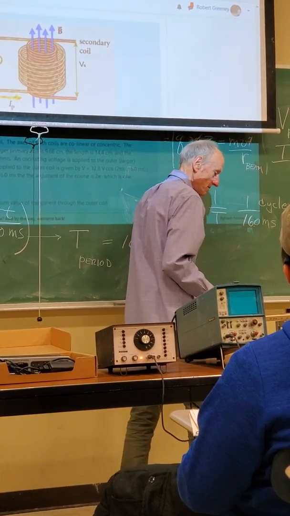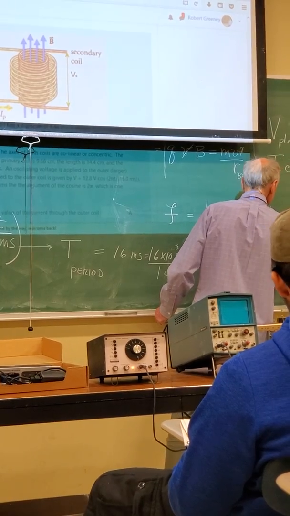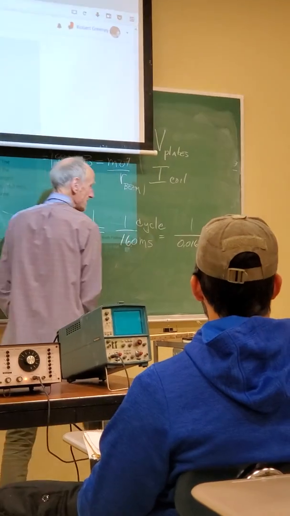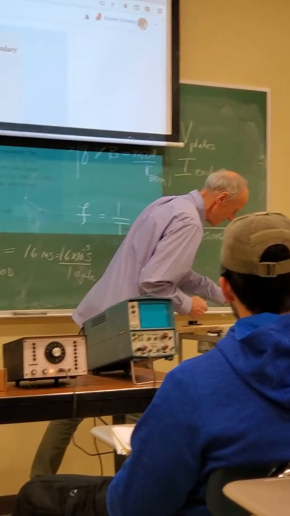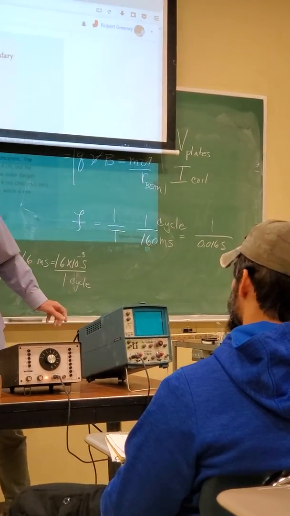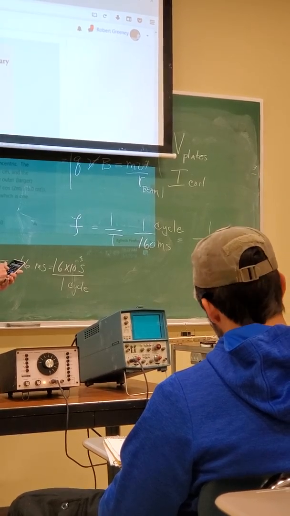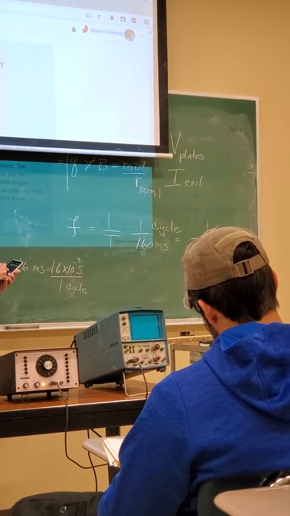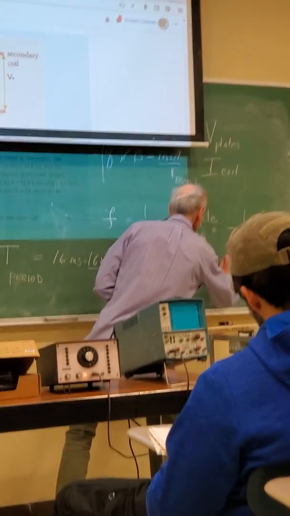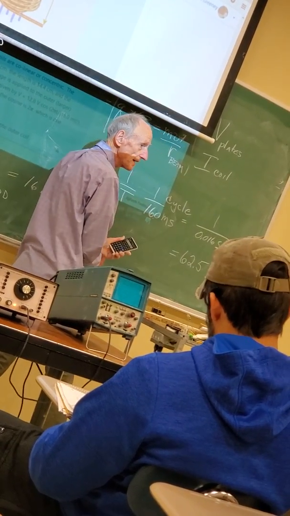So if I change this to 1 cycle per 0.016 seconds, that's 16 milliseconds, and I take 1 over that, I get 62.5 cycles per second.